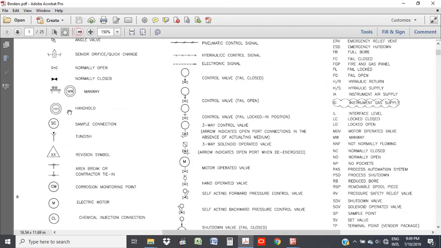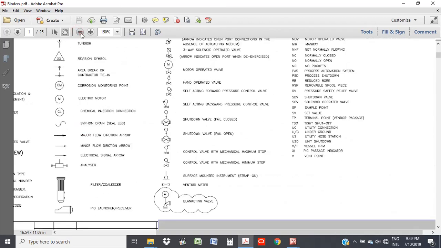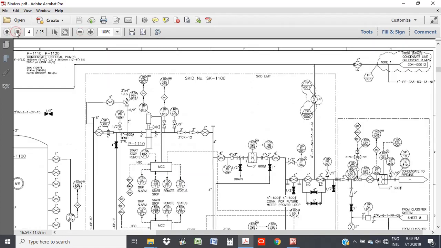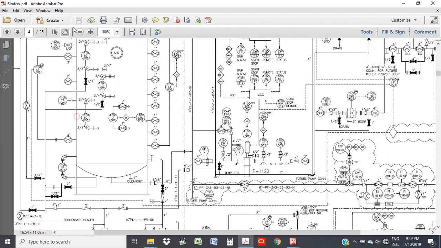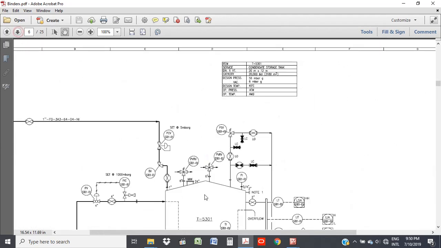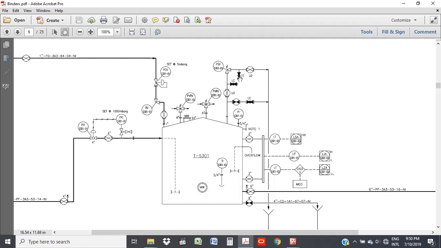Now let me go to a vessel. It will be shaded in black, although various companies have their own way they want theirs to look. You can see this is shaded in, so it means these are closed, closed, closed, closed, and these are not shaded in, so these are open, open, open.